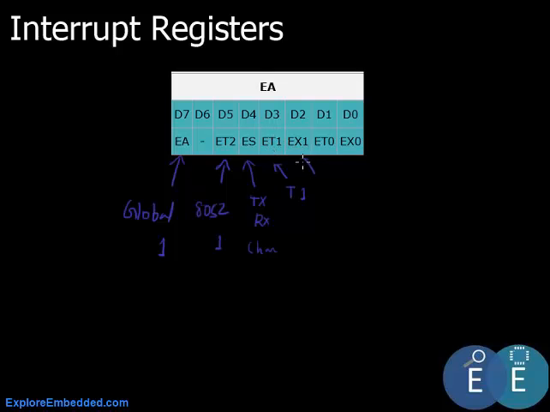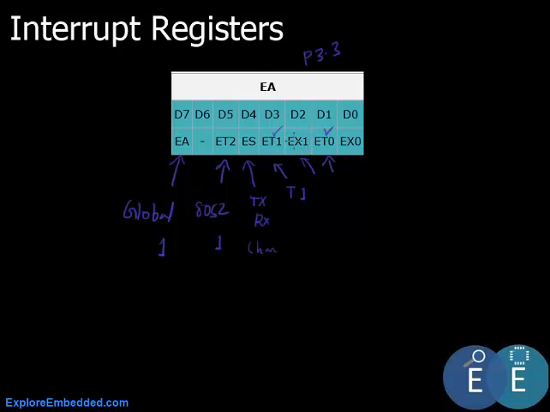Next is an external interrupt pin, EX1, which is port 3.3. If we want an interrupt to be generated on pin 3.3, this bit should be 1. Similarly, this is timer 1 and this is timer 0.